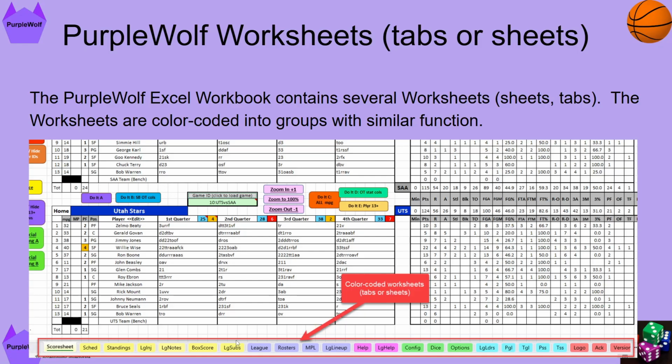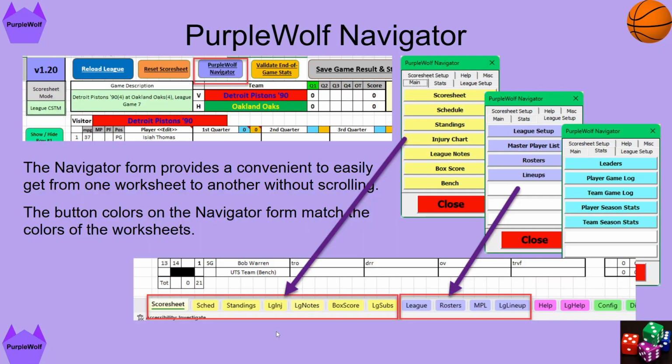To get around the spreadsheet, you want to be on different tabs or sheets at different times. To make it easier, you don't have to use this, but I created a little navigator form, which is a little pop-up window, and you can launch it by clicking this PurpleWolf Navigator button on the score sheet.